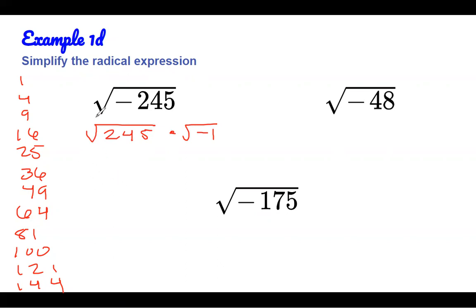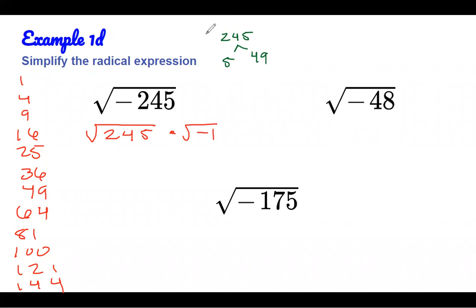Again, if you need to see your factors, do your factoring tree. My factoring tree is up here. 245. What goes into 245? 5 and what times 5 is 245? 49. It should ring a bell.